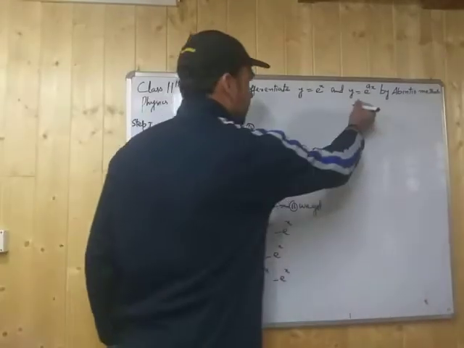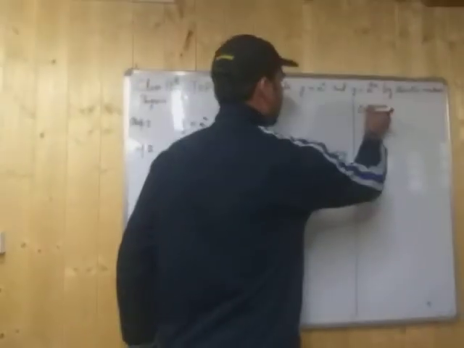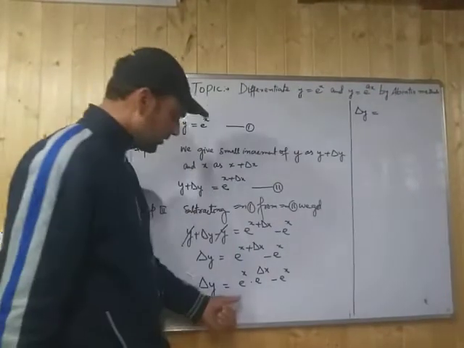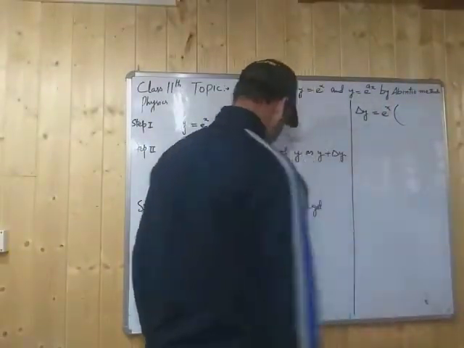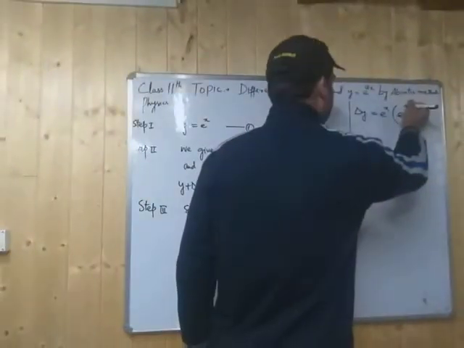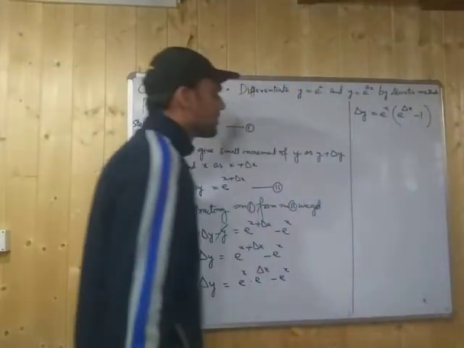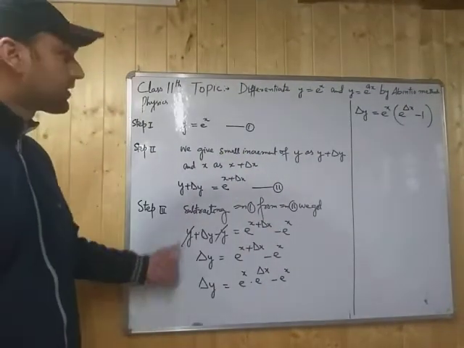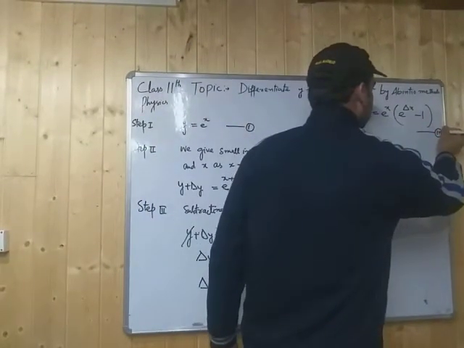So del y is equal to e raised to power x, which we take common, so there will be e raised to power del x minus 1. So this was the third step, so we'll write it equation third.